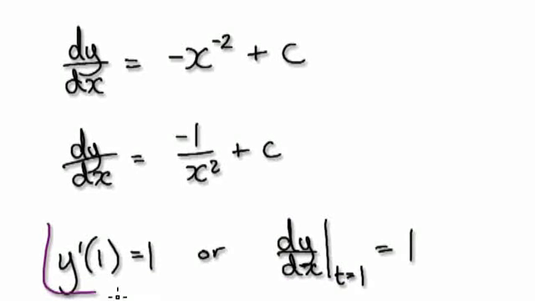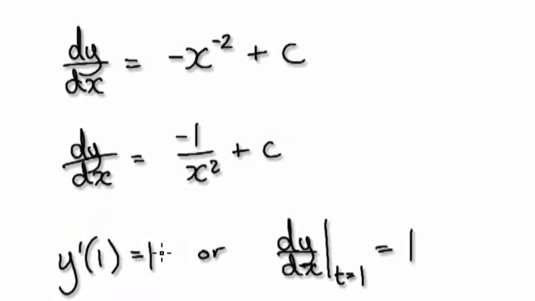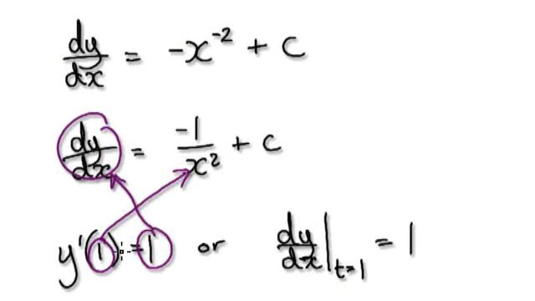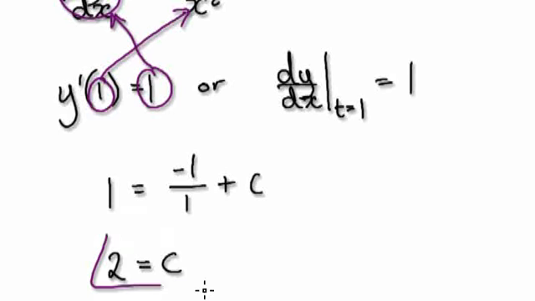Anyway, we would use our initial condition here to work out c. Looking at this, we would put the 1 here into here, and then put this into the whole thing. That would then give us c equals 2.